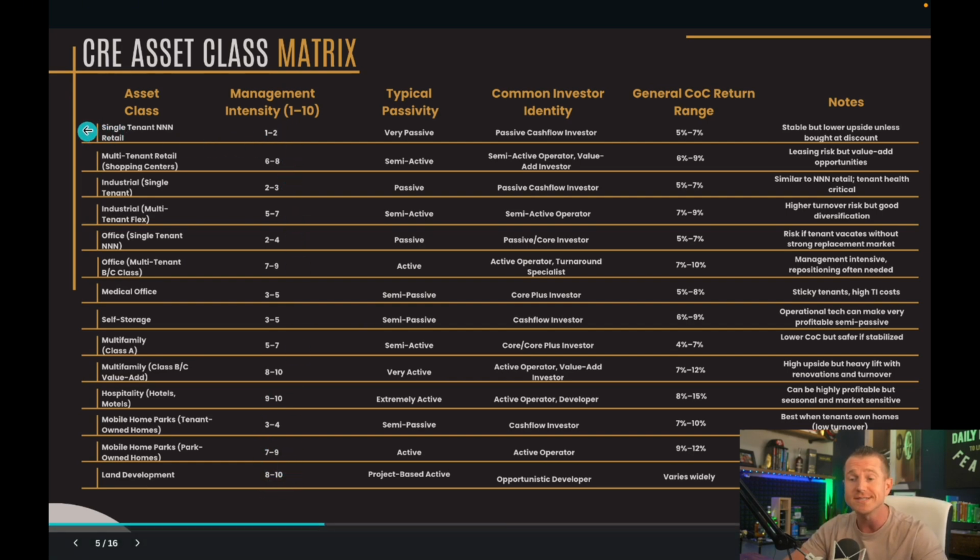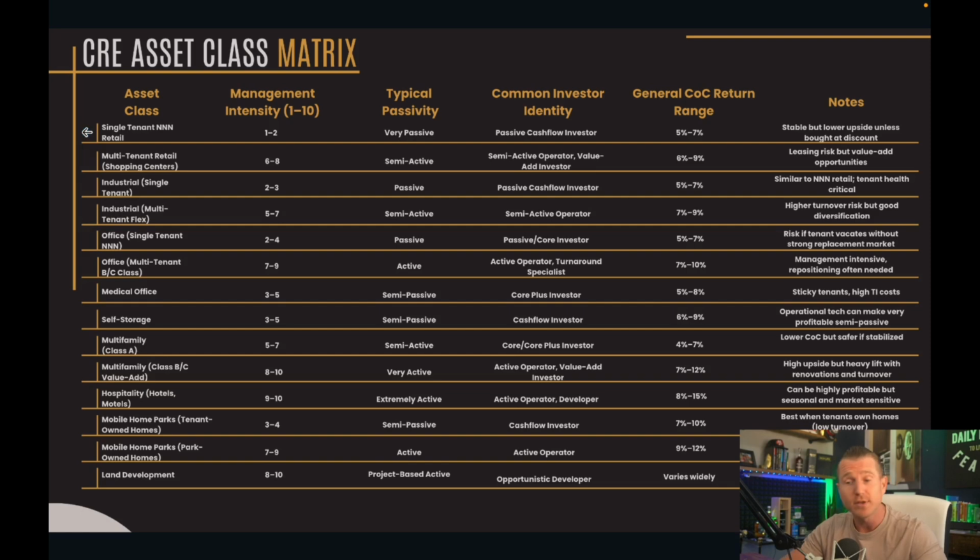But overall, you can see that with a triple net Starbucks that has just one tenant, where all of the management responsibilities fall back on the tenant because of this type of lease structure, the management intensity is extremely low. But while it's very passive, it doesn't have big cash on cash returns because it's stable, safe, and long term, and therefore the returns are going to reflect that.